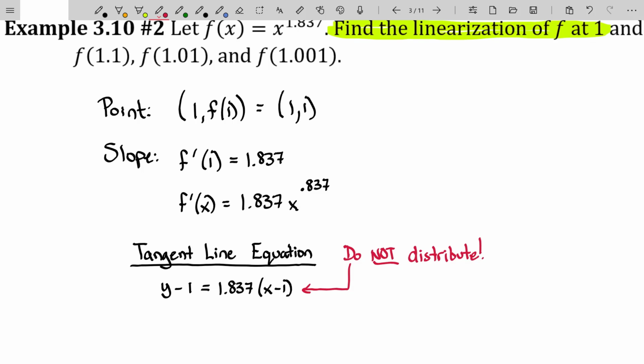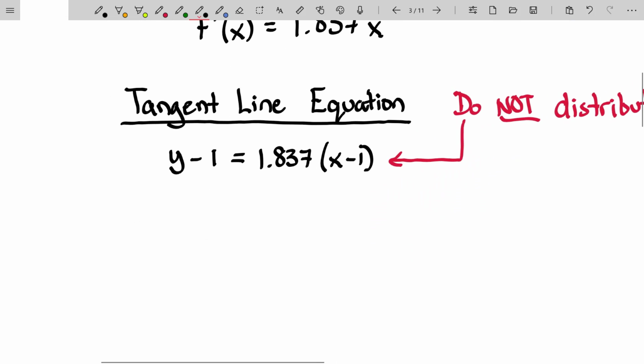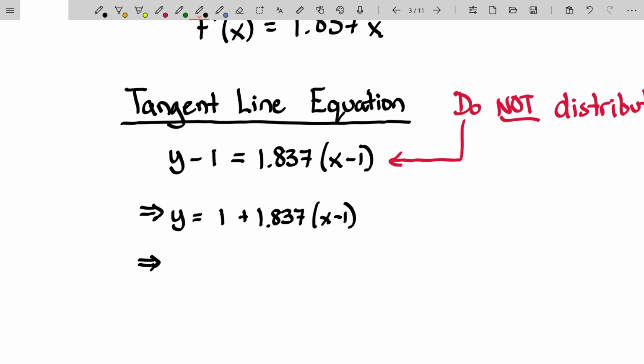The reason why will become apparent in a few moments. It's just very important for me to state that. The other thing I'm going to do is go ahead and just solve this for y, so that will imply that y is equal to 1 plus 1.837 times x minus 1. That is the equation of the tangent line. And in fact, what we're going to do is call that L of x. That's our tangent line. So there we go, 1 plus 1.837 times x minus 1.